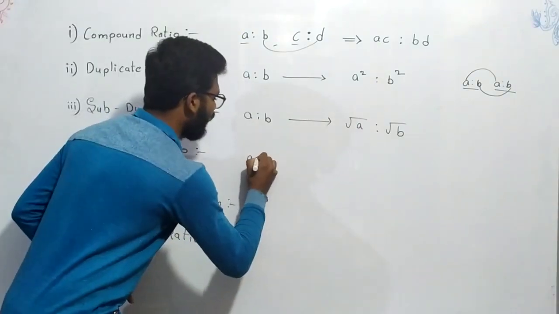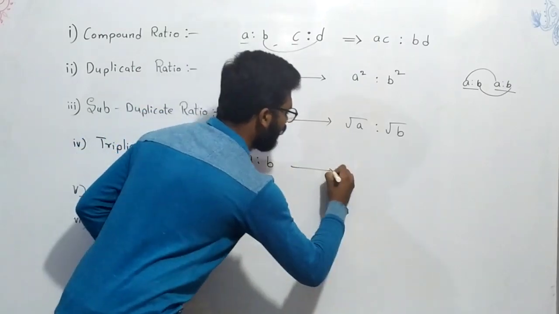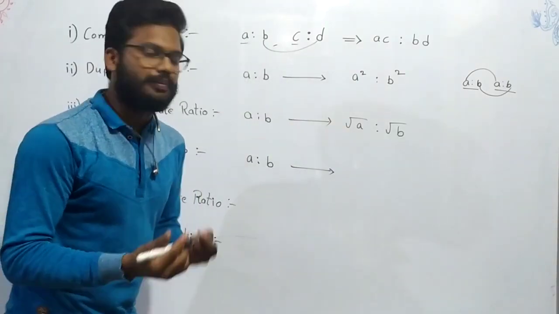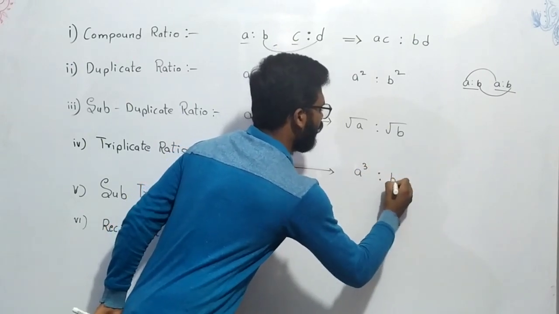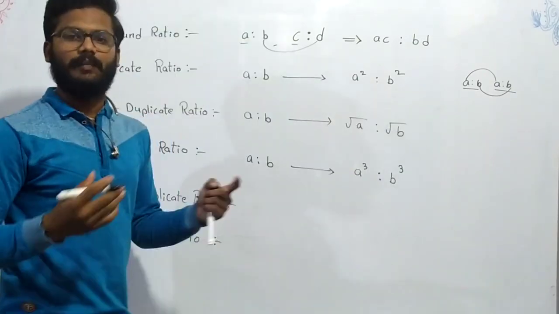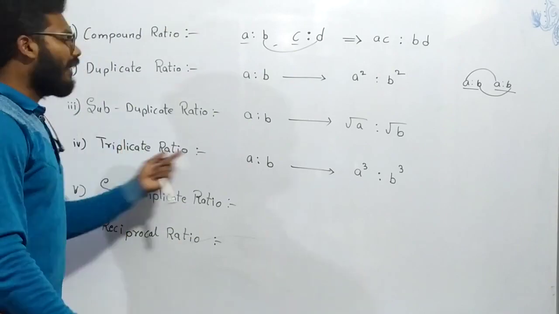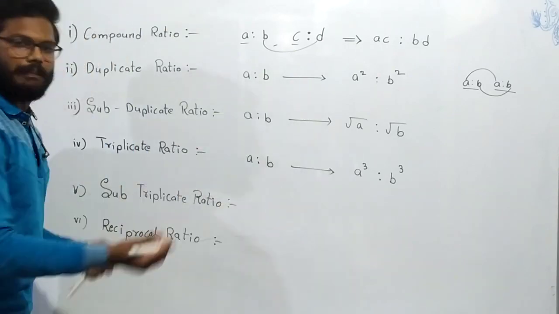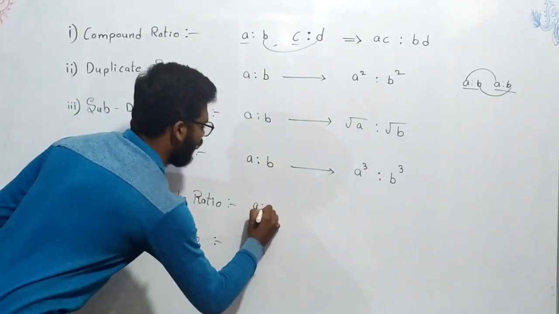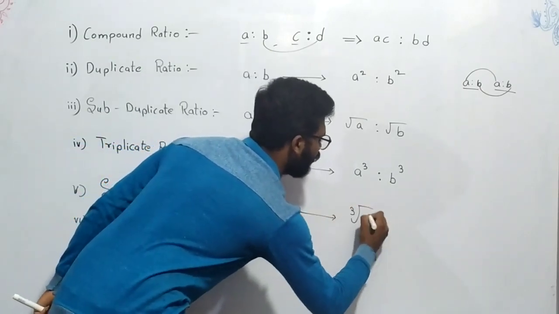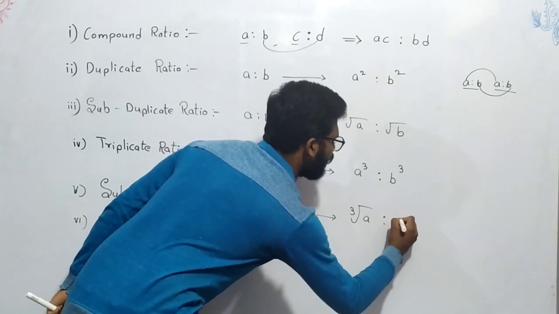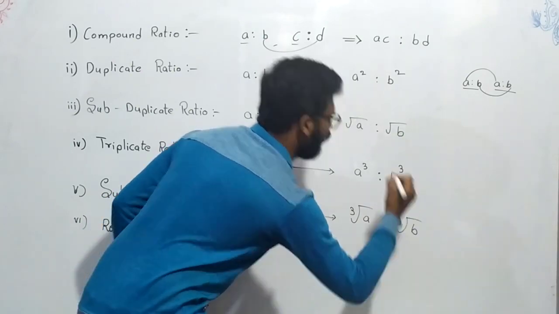If A is to B is any ratio, then the ratio of its cubes, A cube is to B cube, is the triplicate ratio of A is to B. The same goes for sub triplicate. If A is to B is a ratio, then the sub triplicate ratio is nothing but the ratio of its cube roots, cube root A is to cube root B.